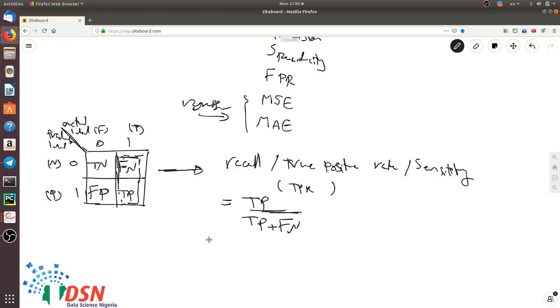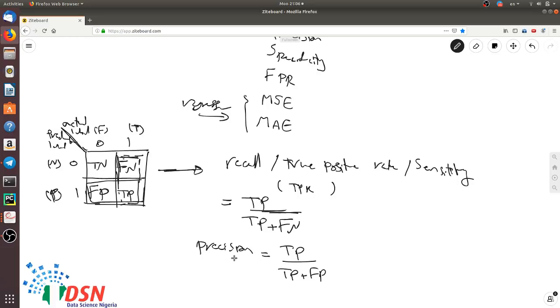Also we could define precision as true positives over true positives plus false positives. As you could see, now we are working with the predicted labels of the classifier, and we want to know how well the classifier performed on the predicted data.